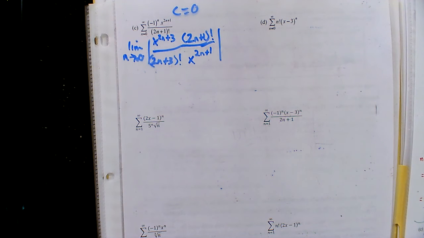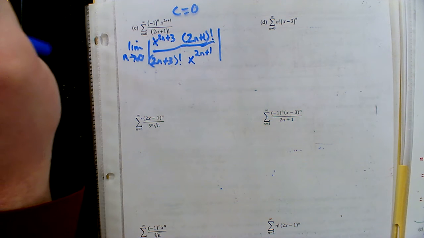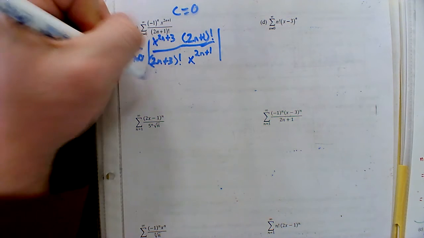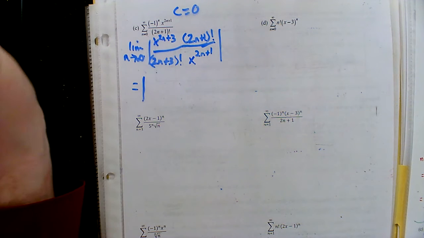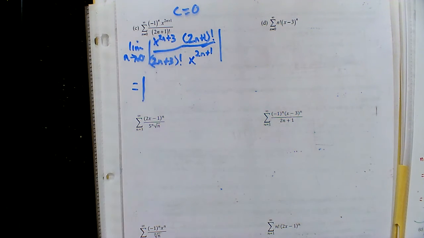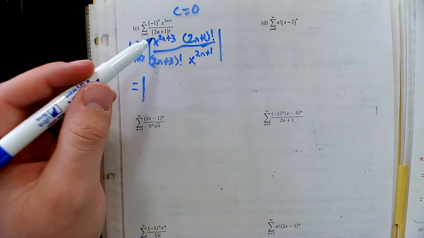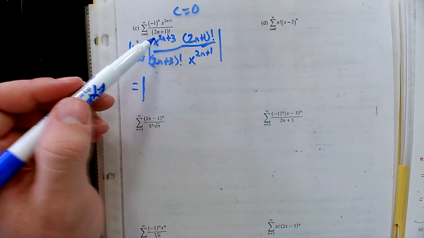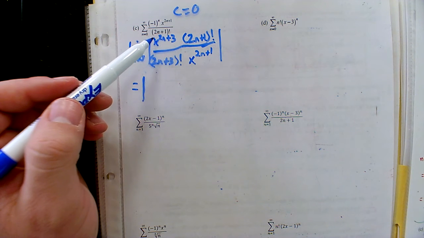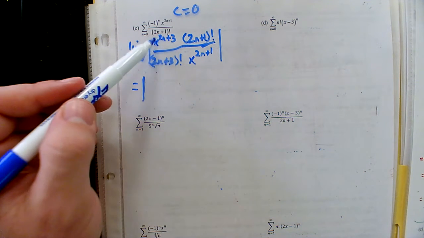Now is when, like yesterday's example, we need to see if we can cancel anything. What cancels? What are we left with? Does anything cancel? Look at the x to the 2n plus 3 first. Let's focus on one term at a time. Do we have a term that's similar on the bottom? Yes, this x to the 2n plus 1.